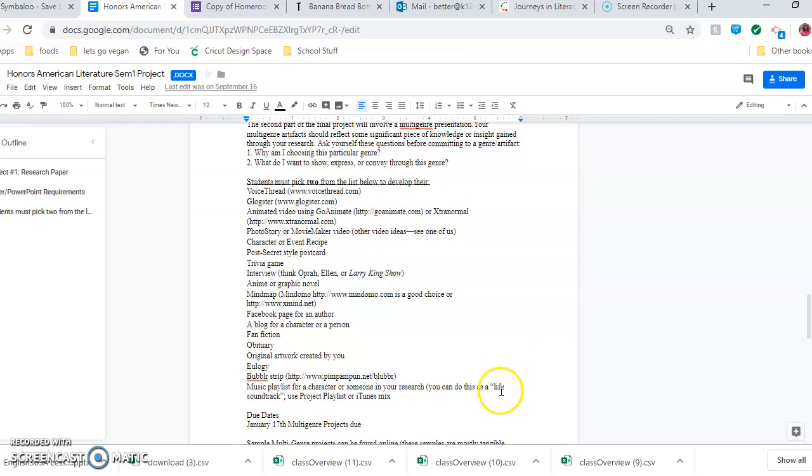I'm doing Ernest Hemingway. I think an interview with him would be really interesting. So I would envision that he's on Ellen, and I'm going to have Ellen interviewing him. I would have the transcript of Ellen asking him questions and Ernest Hemingway answering them. And then I also love to cook. So I would pick a character recipe, or instead of character, an Ernest Hemingway recipe.